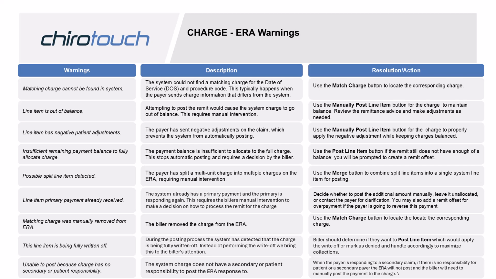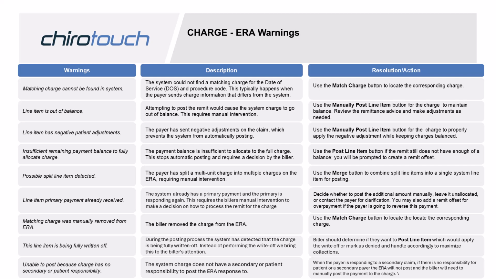Insufficient remaining payment balance to fully allocate charge. So the payment balance is insufficient to allocate to the full charge amount that needs to be allocated. And usually this happens because a reversal happened earlier in the remit, and so they're not actually paying on that claim, or it came from a different remit.